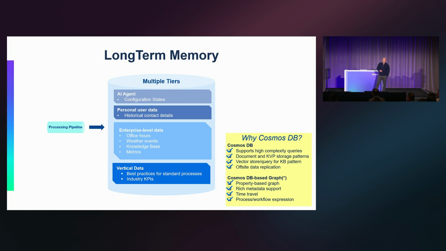And I just wanted to make note too that we're actually experimenting with Cosmos DB graphs. It gives us some novel ways to look at data. It'll allow us to traverse the data in more of a time travel kind of way. So we're excited to continue to experiment with Cosmos DB and what it can do for our use cases.